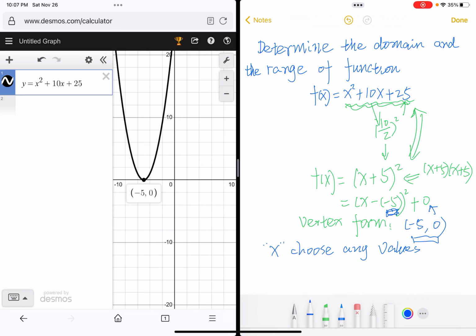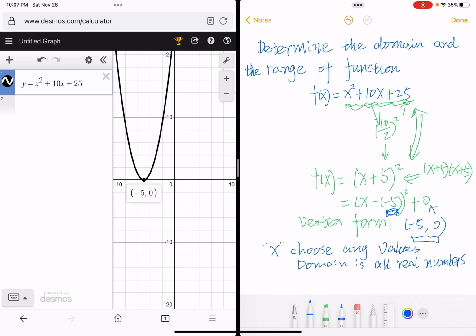Okay, so then here the domain is what? The domain is all the real numbers. That's the domain.